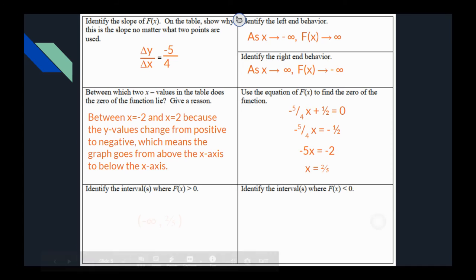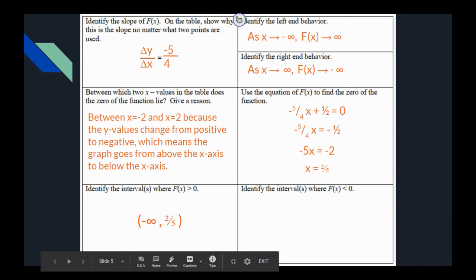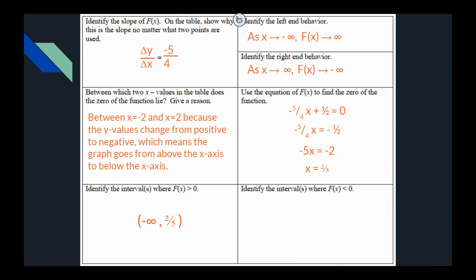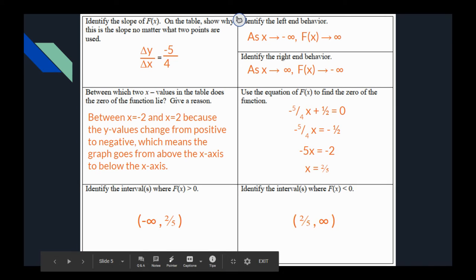It's above the x-axis. So for negative infinity up to 2/5 on the x-axis, all of your y values are greater than 0, which means everything from 2/5 to positive infinity is going to be below the x-axis or less than 0.